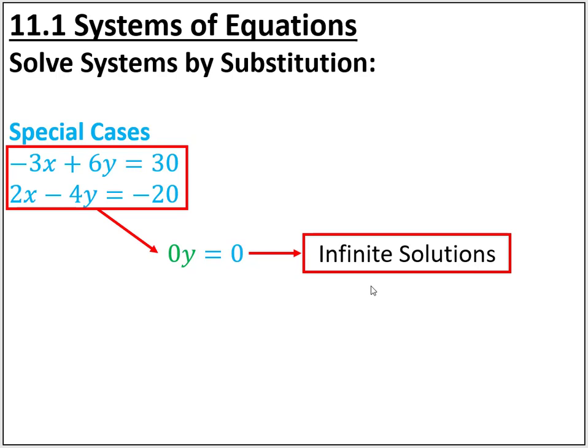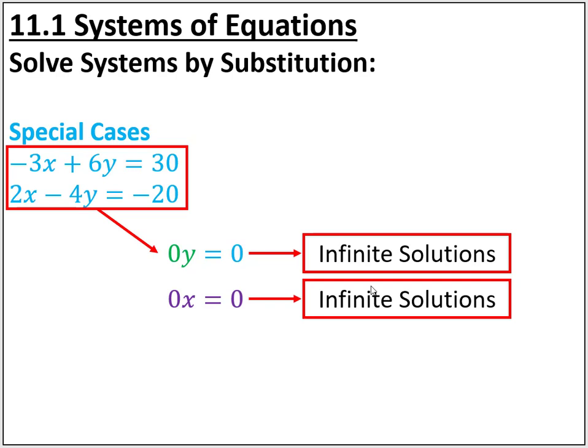If you end up with the other case for x, 0x equals 0, then you can also stop and double check your work. If your work is correct, you would finalize with infinite solutions. This is the one case for infinite solutions. We have another special case.